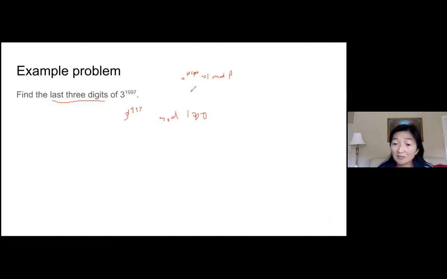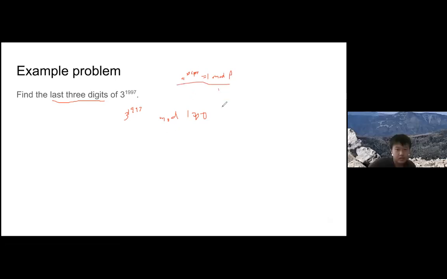Well, first of all, if we want to use this Euler's totient thing, what is phi of 1,000 first? Anyone want to say what phi of 1,000 is?